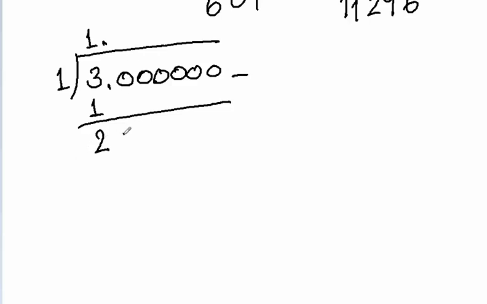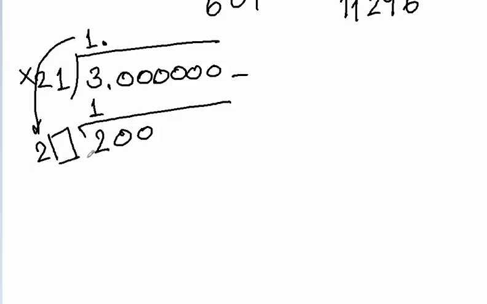And then I bring 00 down here, and multiply 1 by 2 to become 2, and what number, after times this number, is not greater than 200? So I think of 7.